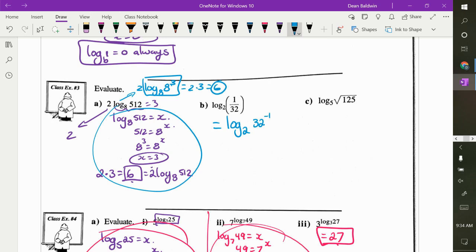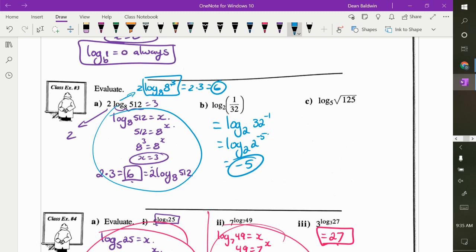That's the same thing, right? Okay. 2 to what power is 32? Is that the same thing? So what's my answer? Negative 5. Okay. Now, obviously, you don't have to show those steps. If you can do them in your head quickly, just give me negative 5. All right?